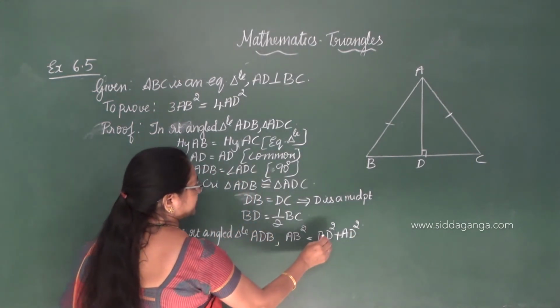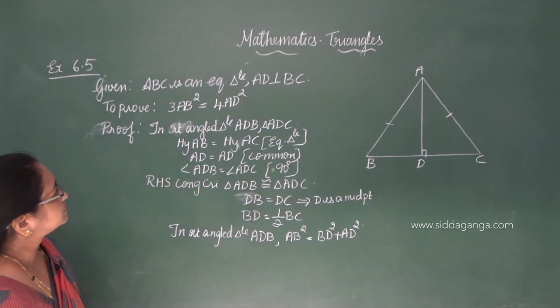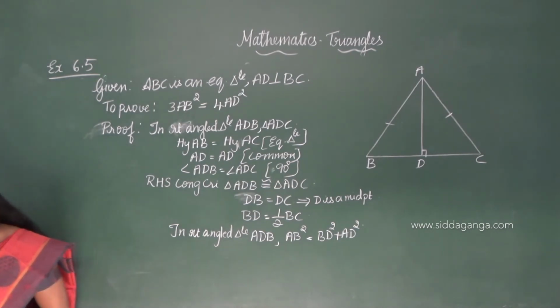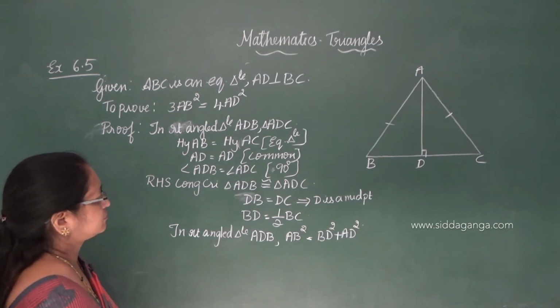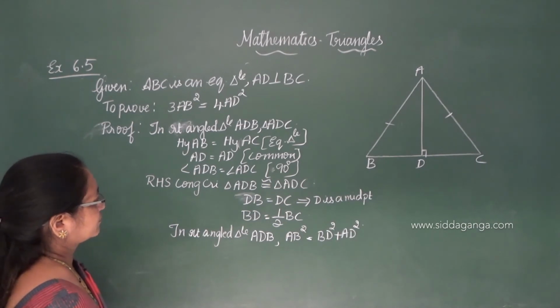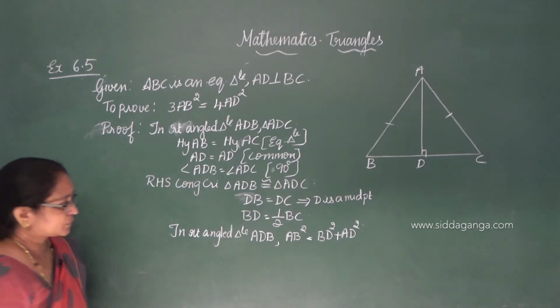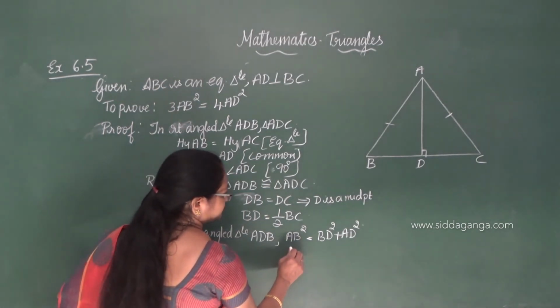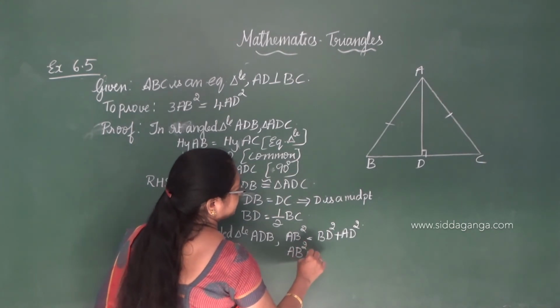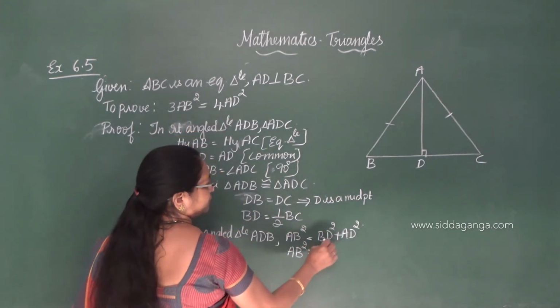Now instead of BD, okay, now here, see here, AB square is equal to, according to the question what I need is AD, I don't want BD here.